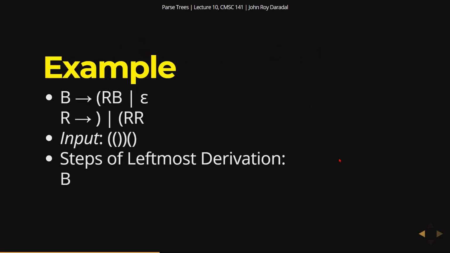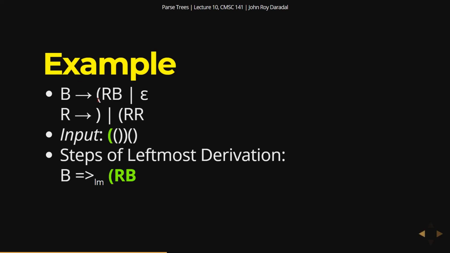Okay, so let's see an example of that by deriving this string here using this unambiguous grammar. We'll start with the start symbol, which is B. For B, the next symbol is open, so we will have to use this production, because this one also starts with open.